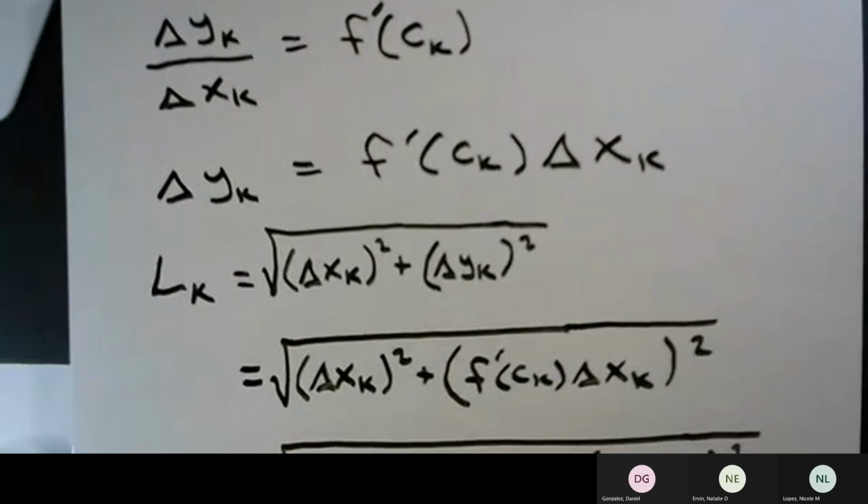And here this would be xk, here would be xk minus 1, and f of xk equals y sub k. f of xk minus 1 is yk minus 1.